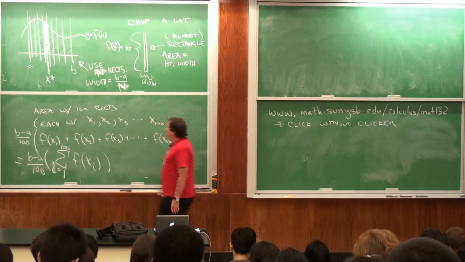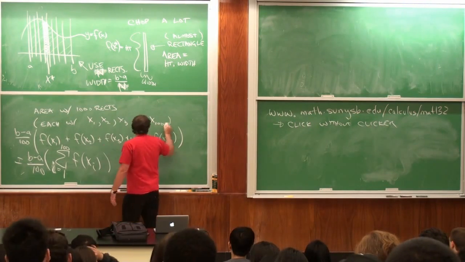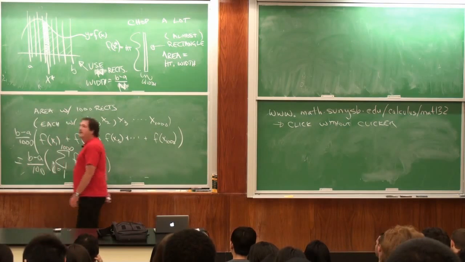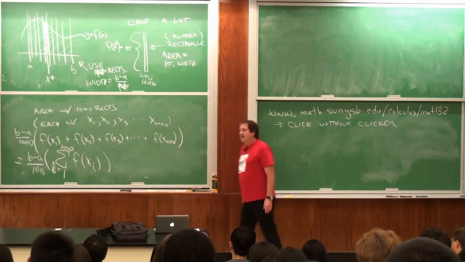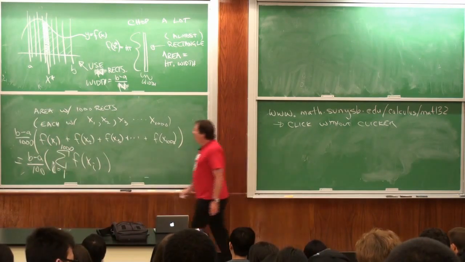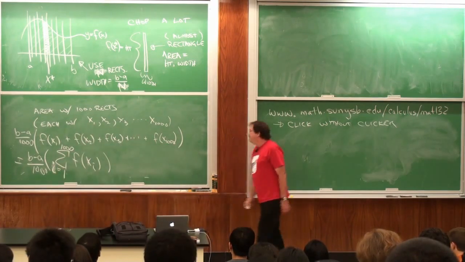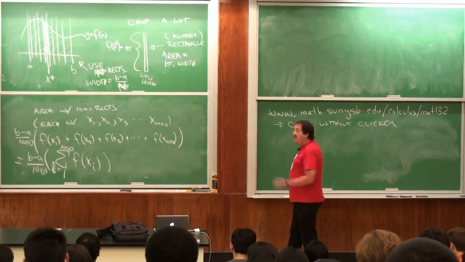If we change it to 1,000 rectangles, it doesn't look a whole lot different. Oh, yeah, thank you, there's another 0 I missed. I'll do that kind of thing a lot. It's pretty much the same.